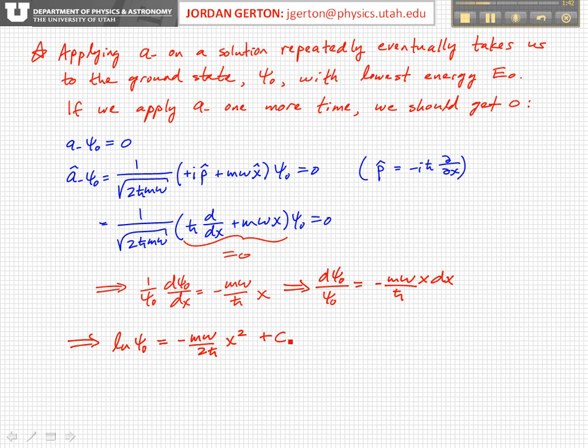Okay, and if we now take the exponent of both sides, so if we go e to the ln, e to this whole thing, then e to the natural logarithm is just the function, the argument right back.